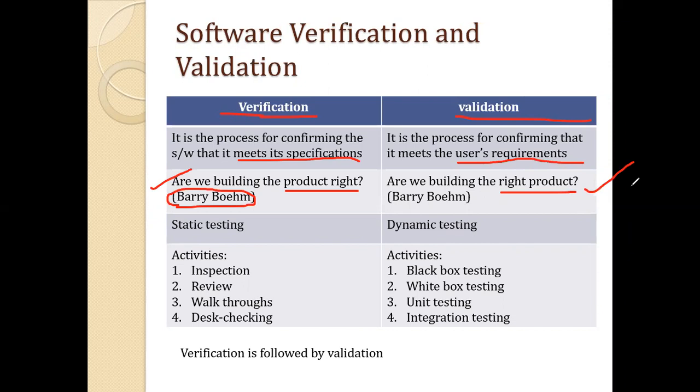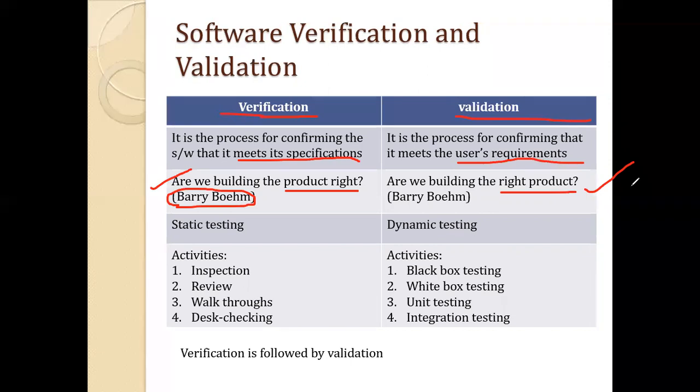Okay, so these are the two definitions given by Barry Boehm. So suppose for example, if you are asked any question in your interview, that is what is the difference between verification and validation, at that time you can give this particular definition, like are we building the product right and are we building the right product, this kind of a definition you can give over there.